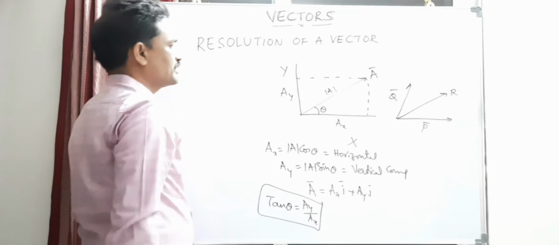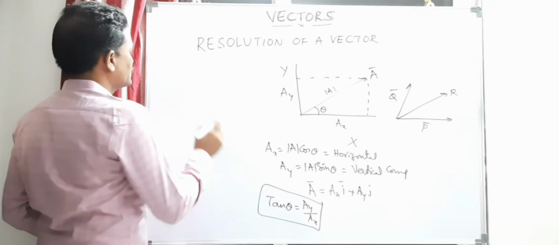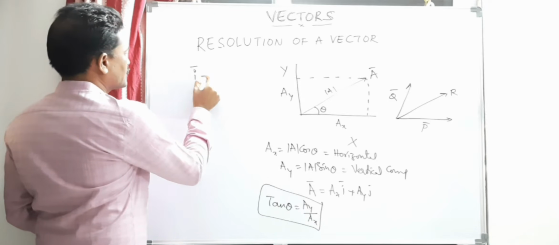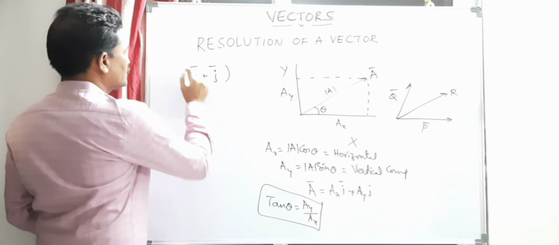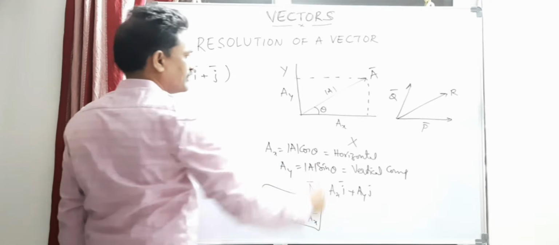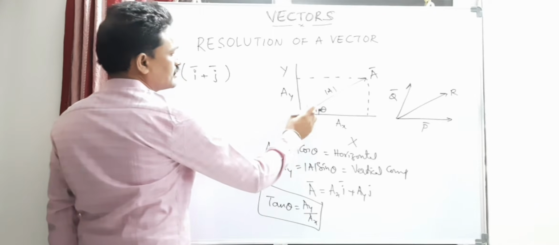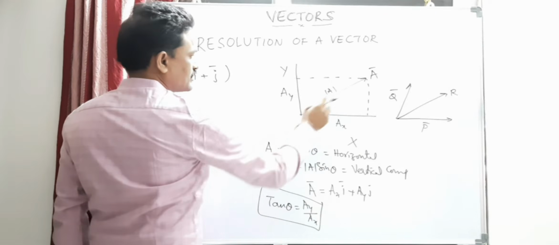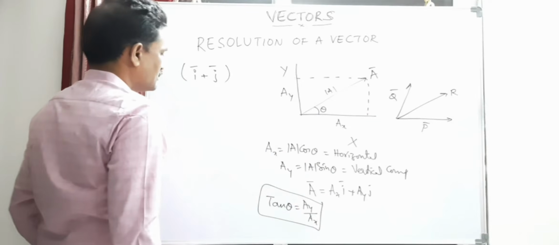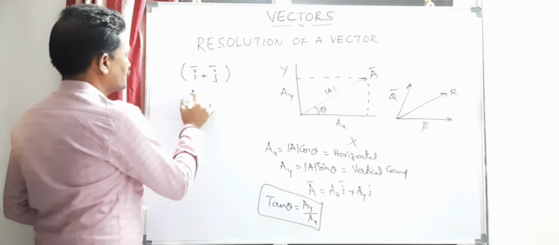In the exam there will be a question. The question reads like this. What is the angle made by the vector i plus j with the x-axis? So, this is i plus j, a vector. What is the angle between the vector A and the x-axis? This is the x-axis. Now, what is the value of AX here?